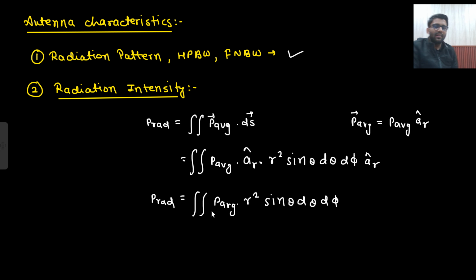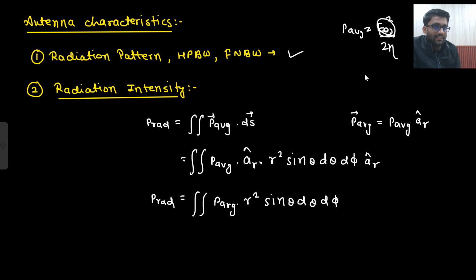It is very easy. Now let me know one thing. P average will be a function of theta and phi, yes or no? Although for the antennas we have studied, the linear dipole antenna and the Hertzian dipole antenna, P average was a function of theta only. How? Because what is P average? It is E theta squared divided by 2 eta. And what is your E theta?